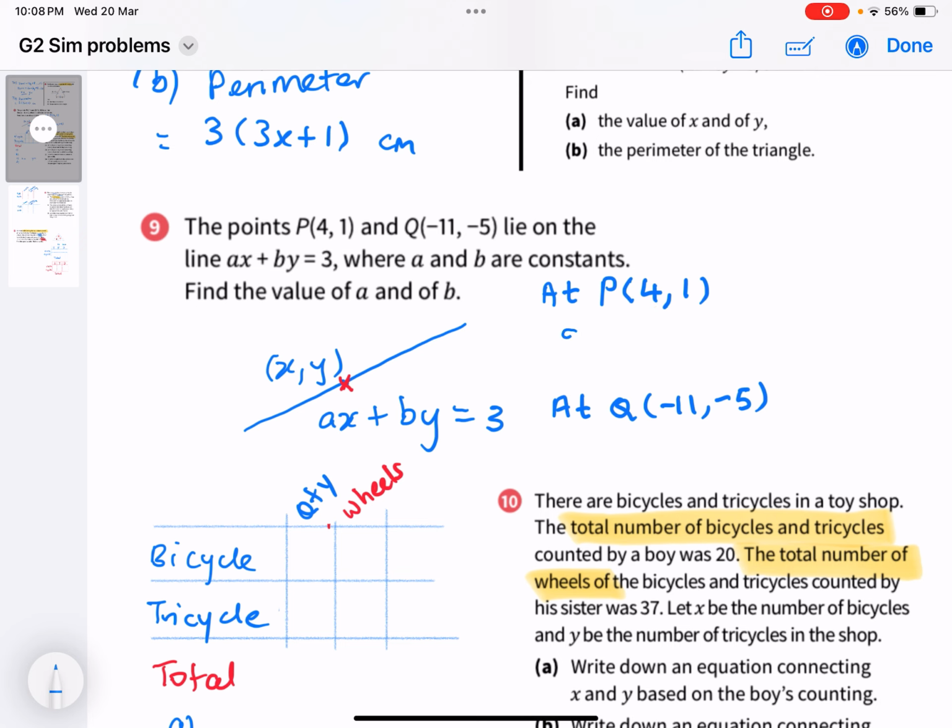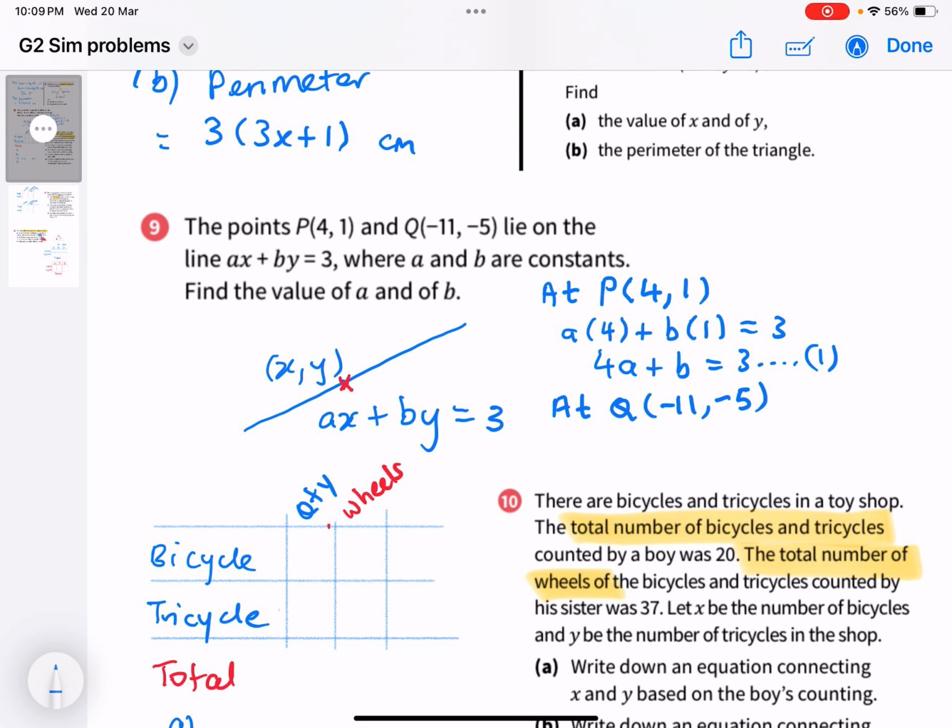So we can substitute into the equation using brackets. X is 4 and y is 1. So now the equation is 4a plus b equals 3. That is the first equation.